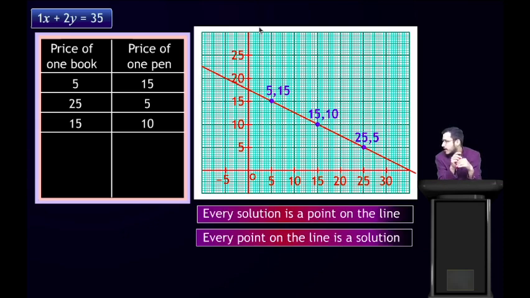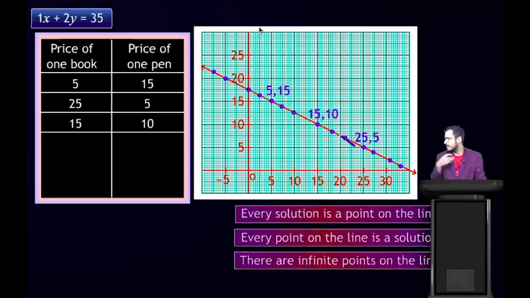Every point on the line is a solution. Students, remember always, each and every point on this line is a solution. And how many points are there on a line? Yes, there are infinite points, so there are infinite solutions.